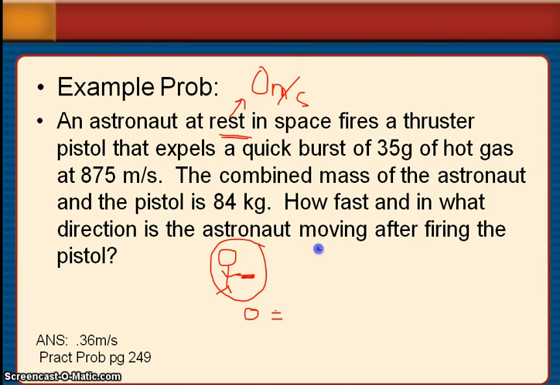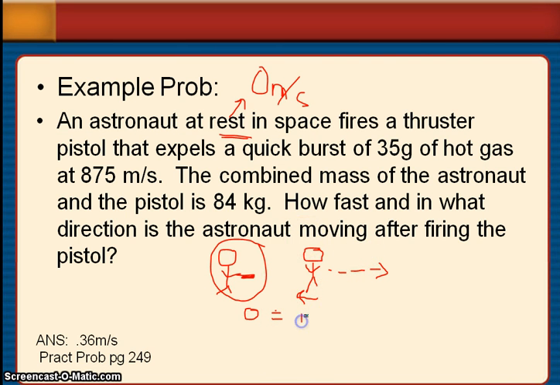So what's going to happen? Well, the astronaut is technically going to move backwards a little bit, right? Not very much, but think about recoil when you fire a gun, because the bullet is going to go out this way. So they're going to have equal and opposite momentum.